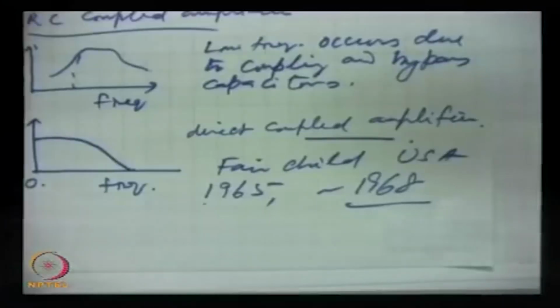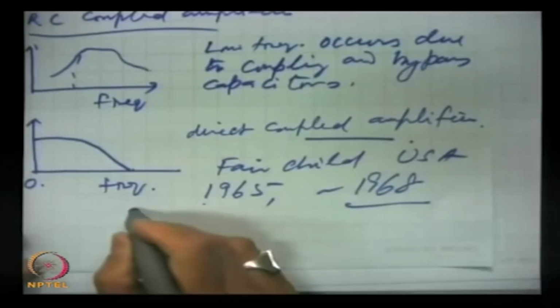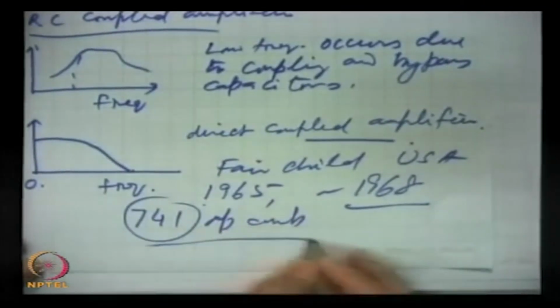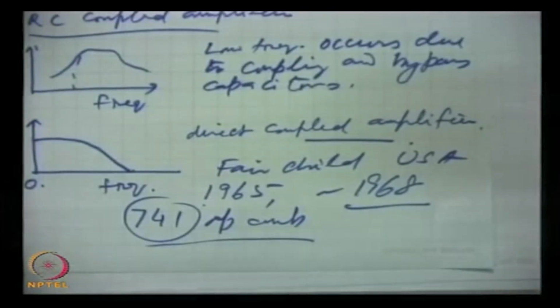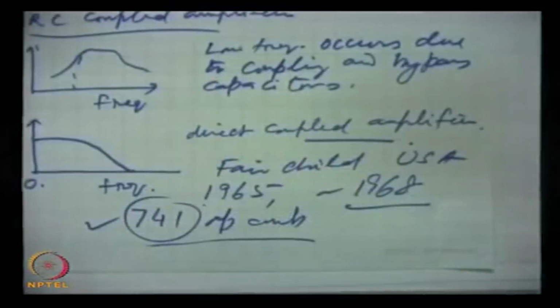Out of these 2000 different types, 741 is the number of an op-amp that is very widely used. It is a general purpose op-amp for many lab experiments and circuits.